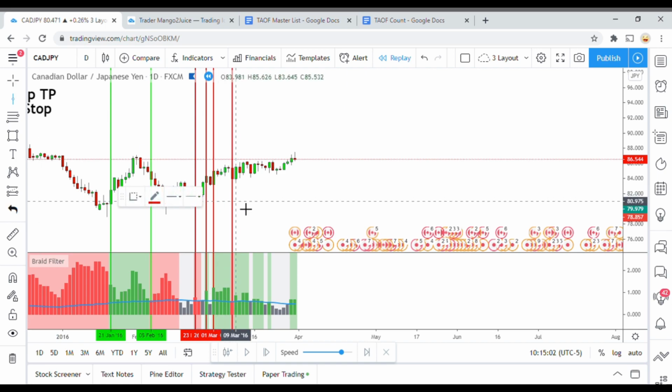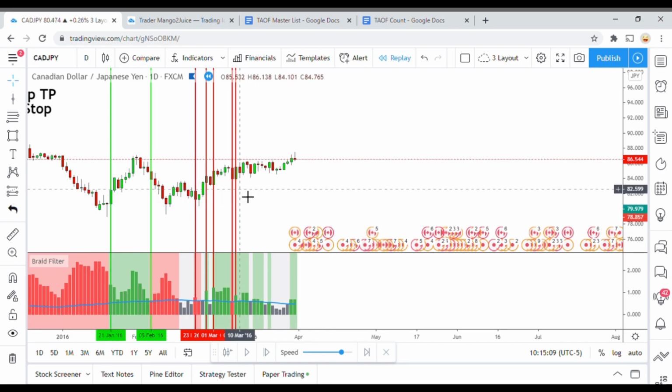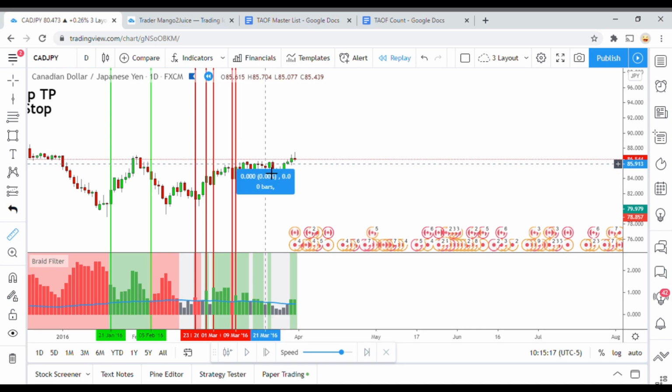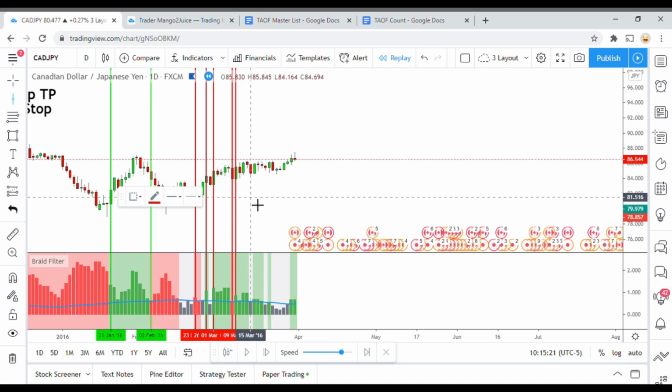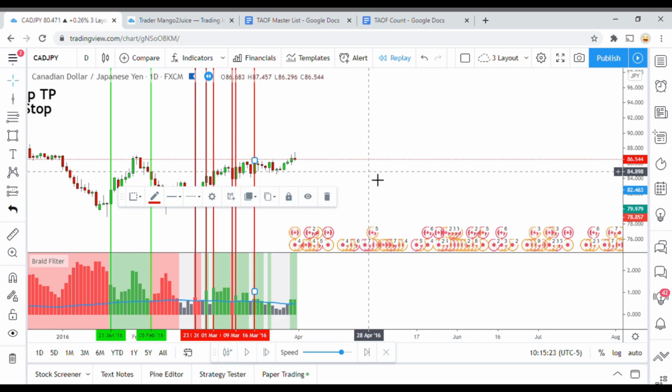Almost immediately, it had gotten stopped out. And then we pick up another one over here. Appears that one got stopped out as well.